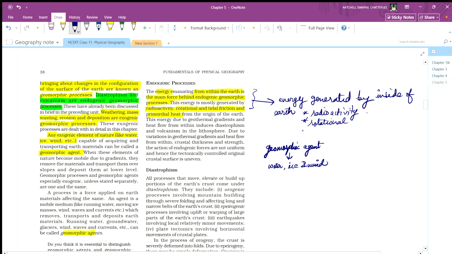Third one is tidal friction. And the last one is primordial heat from the origin.